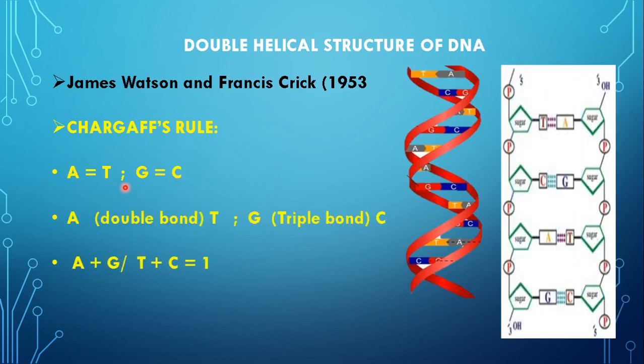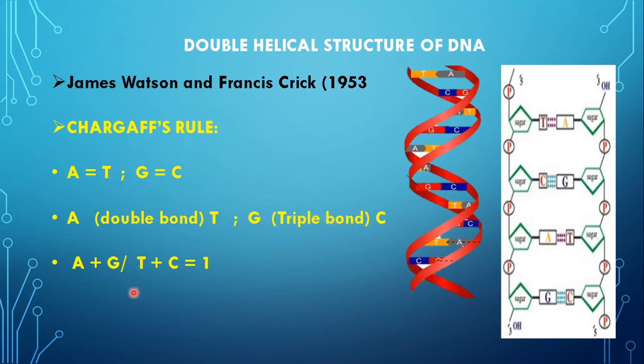And secondly, he stated that there is always a double hydrogen bond between adenine and thymine, and triple hydrogen bonds between guanine and cytosine.